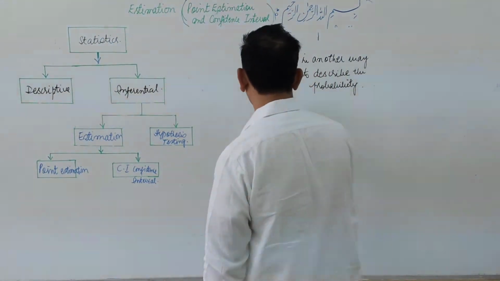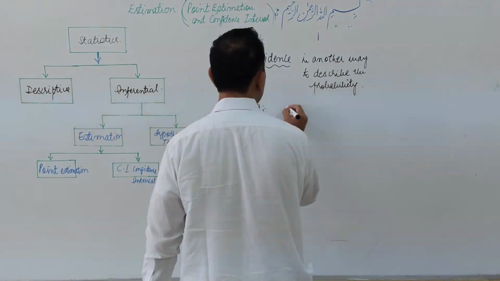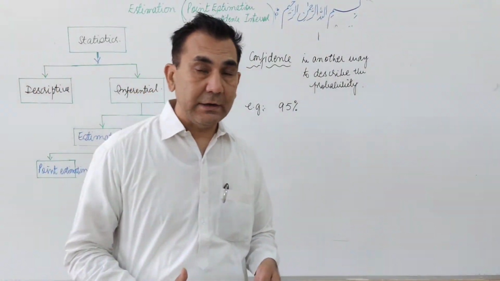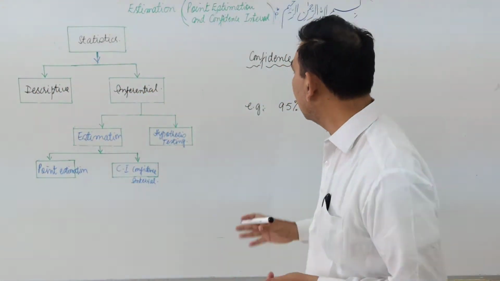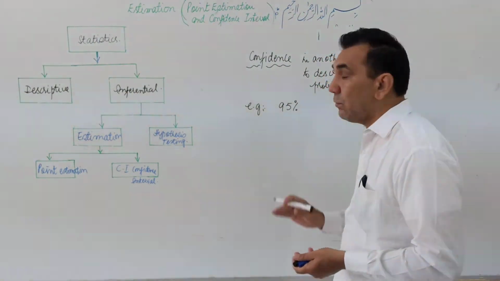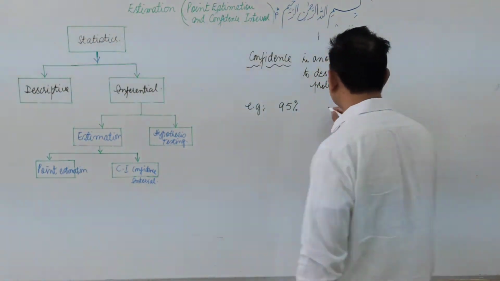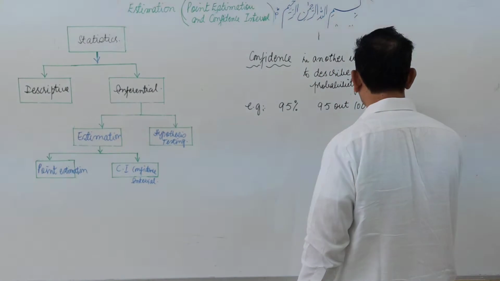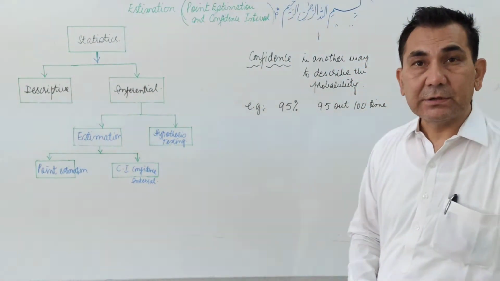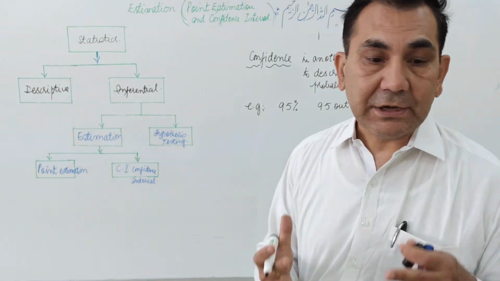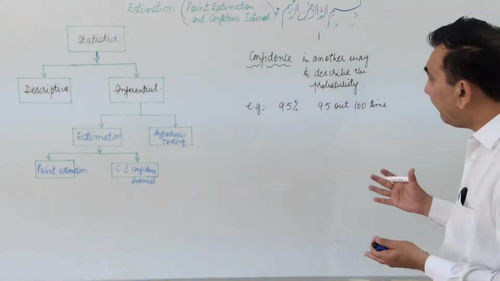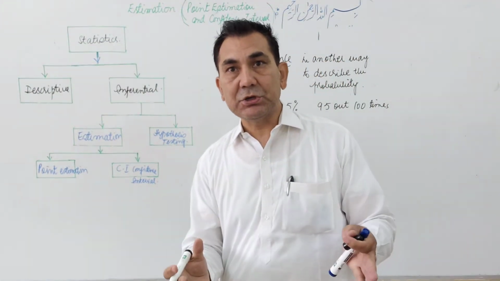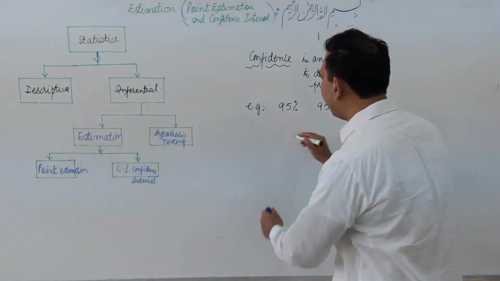For example, if you are taking a 95% confidence level, what does it mean? 95% confidence means that 95 out of 100 times, your estimation will fall between that range.